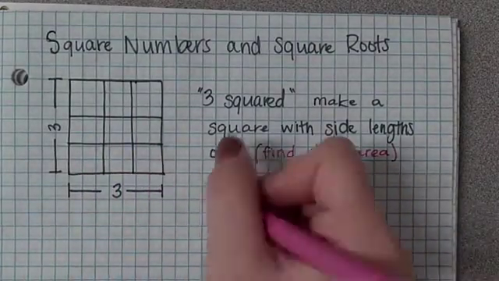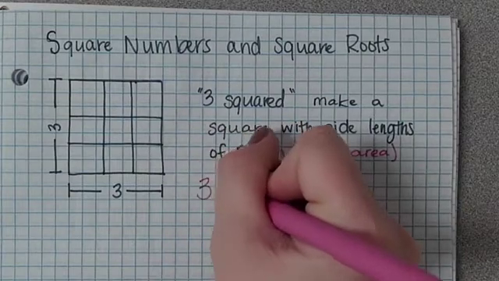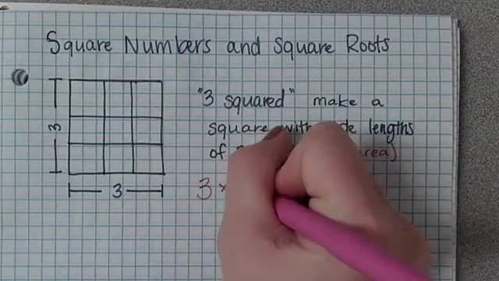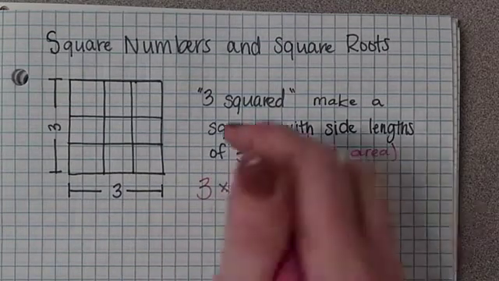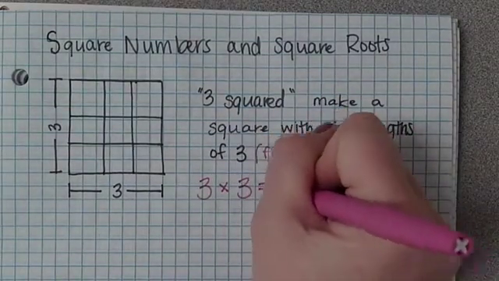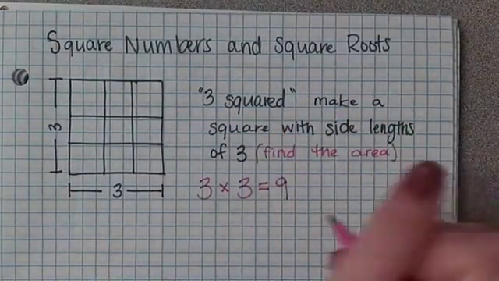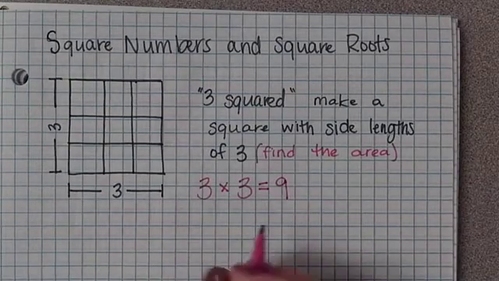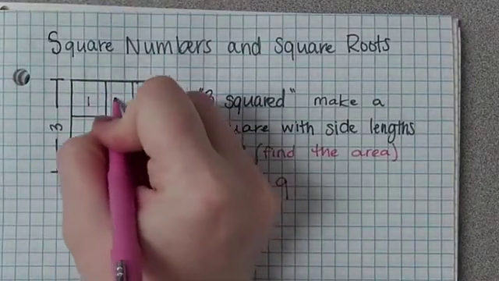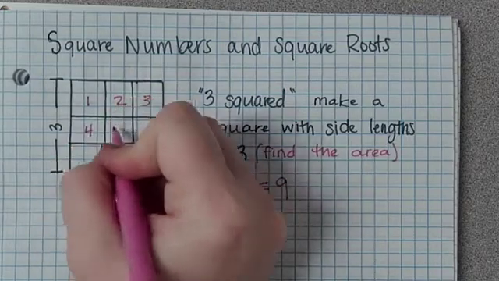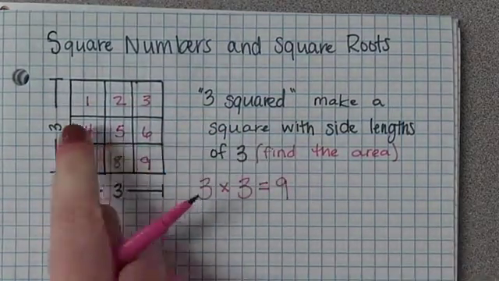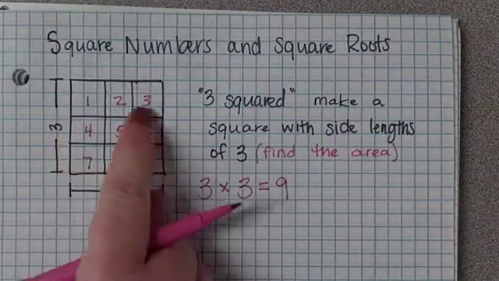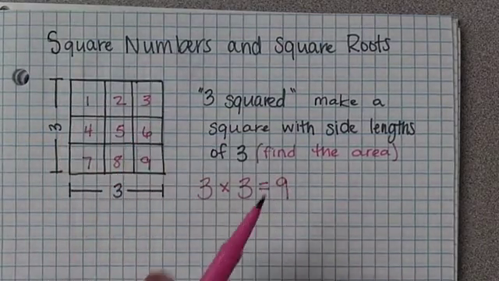We can find that by multiplying the length times the width, or in this case, it's the same number, so 3 times 3, which equals 9. That gives you the area of 9. There are 1, 2, 3, 4, 5, 6, 7, 8, 9. So you would need 9 units, or I like to think about it as like starbursts.